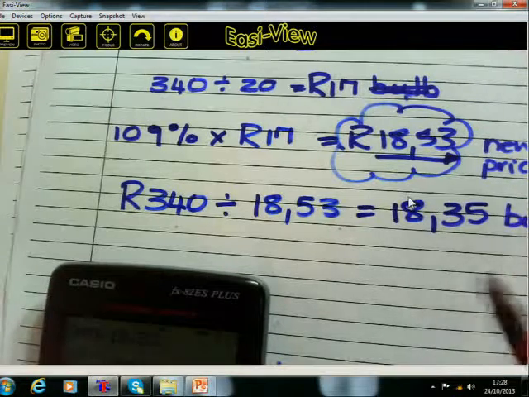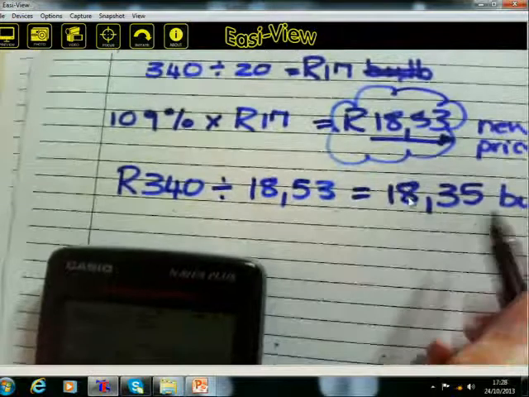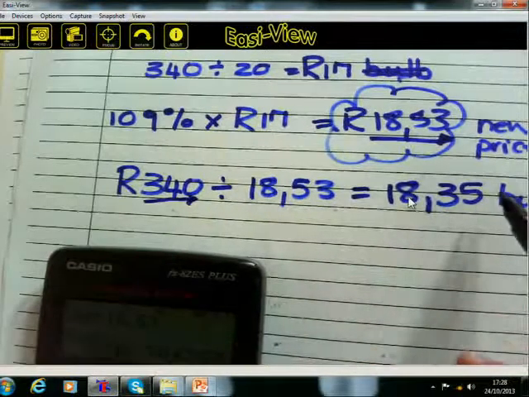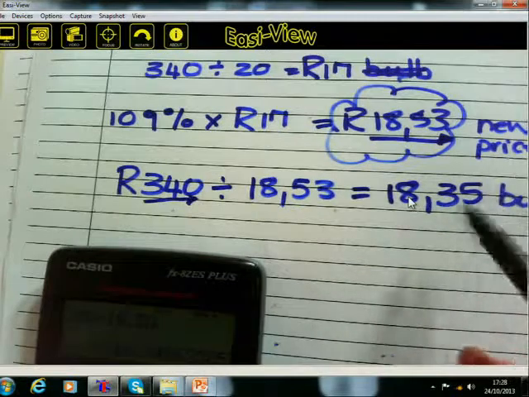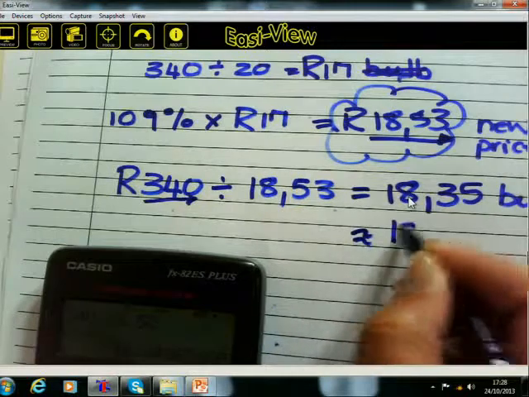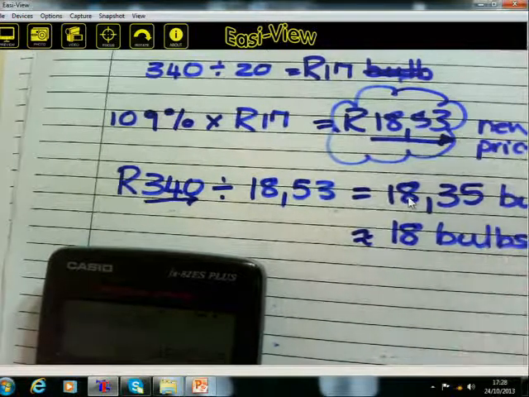But tell me, can I buy half a bulb or a 0.35 bulb? No, because I only have that money. So I can't round it up to make it another bulb. In this case, I must round it down. So I'm only going to buy 18 bulbs.